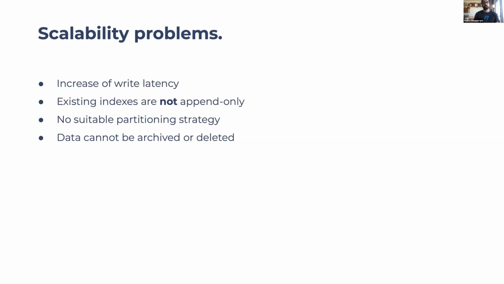So when transfer service engineers started facing some slowdowns, they contacted the database engineering team to help them. We identified some issues and outlined some scalability problems on their service.